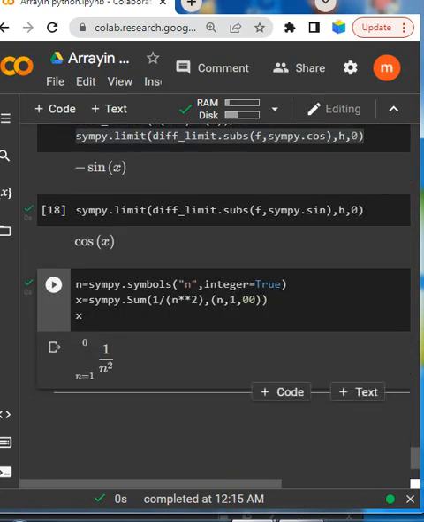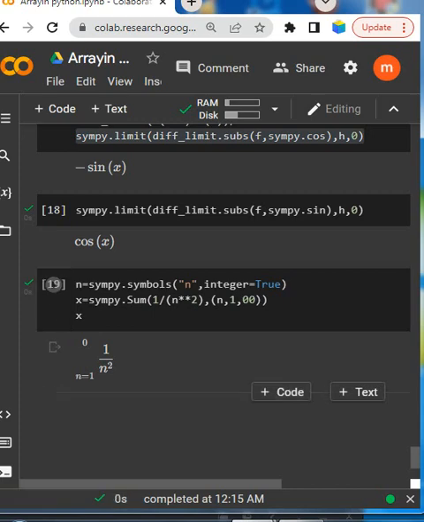Yeah, so this summation has been printed, but it starts from n equal to 1, and 1 by n square.